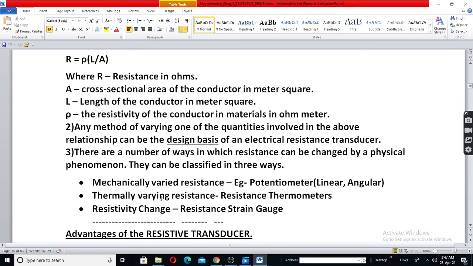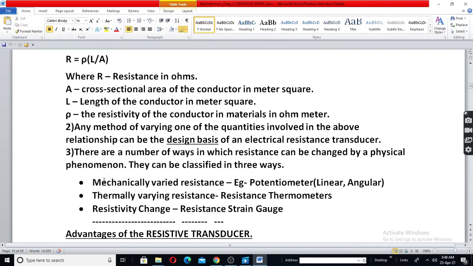That can be varied mechanically, or by physical displacement or by force, or we can also change it by temperature. Temperature variation is also there.